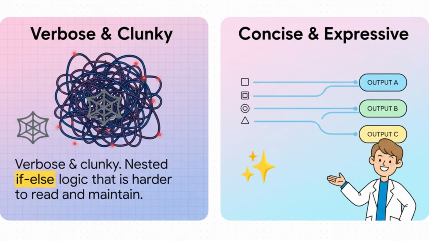I mean, when you put the two approaches side by side, it's just night and day, isn't it? The old way is clunky, it's hard to read, and it's a pain to maintain. The pattern way is compact, it's expressive, and you can understand the entire set of rules in a single glance. Your code becomes so much more intentional.